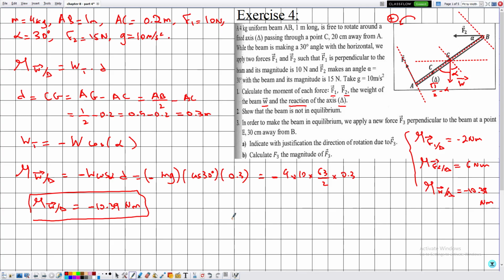Okay. Now what about the moment of the reaction force around the axis delta? So this is the reaction, something like this. Now we can remove these.